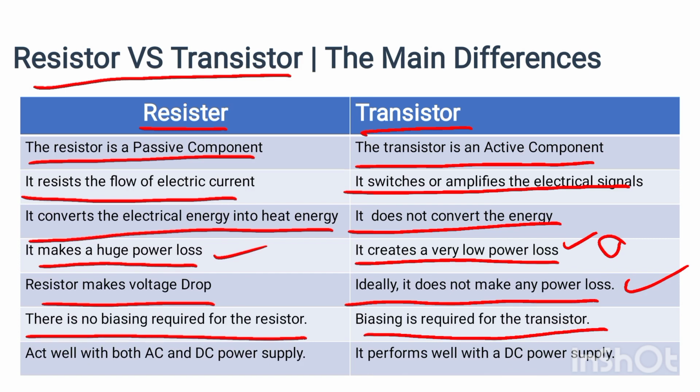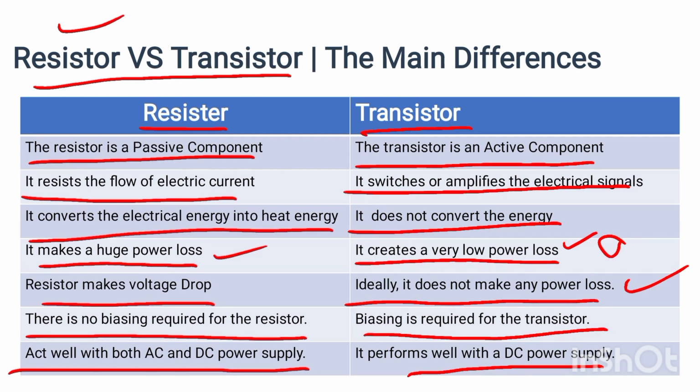The last point is that a resistor works well with both AC and DC power supplies. Sorry, not a transistor, the resistor. That means a resistor is used in both electrical and electronic components. That's why it is capable of handling both AC and DC power, whereas a transistor performs well with a DC power supply.